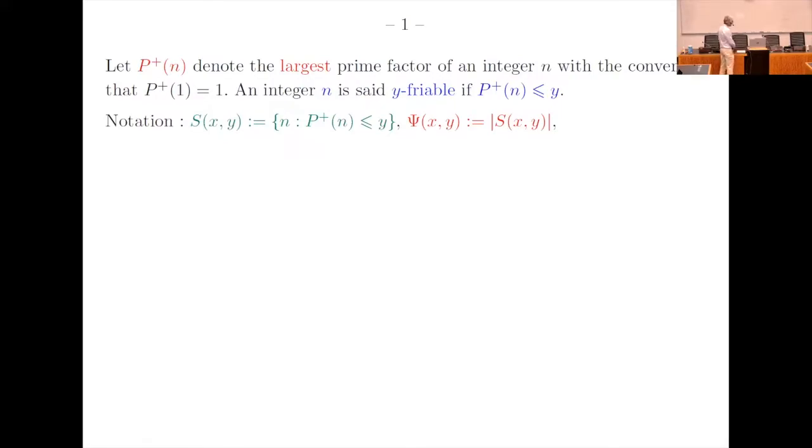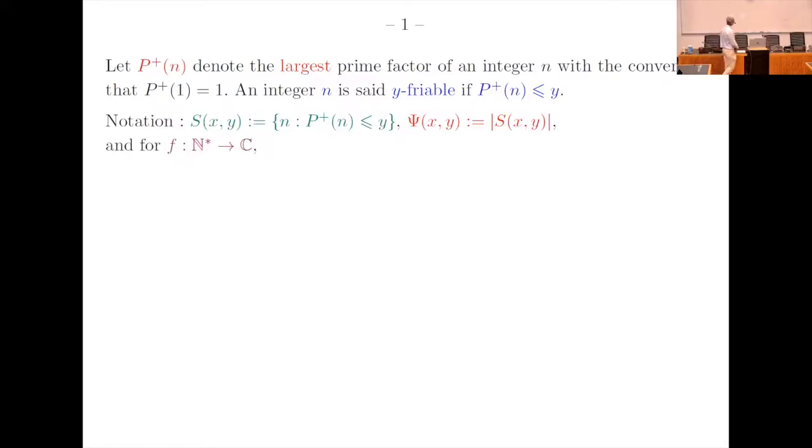We will say that an integer is y-friable if all its prime factors are less than y. So S of x,y will be the set of y-friable integers less than x, and psi of x,y will be the cardinality of S of x,y.